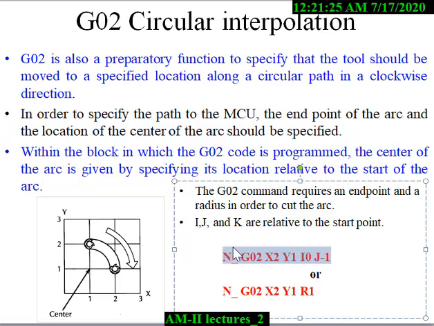Okay, so it should be in the previous line. Then in this circular interpolation, you have to specify the final position, that is X is 2 here and Y is 1, and what is the position of your center?